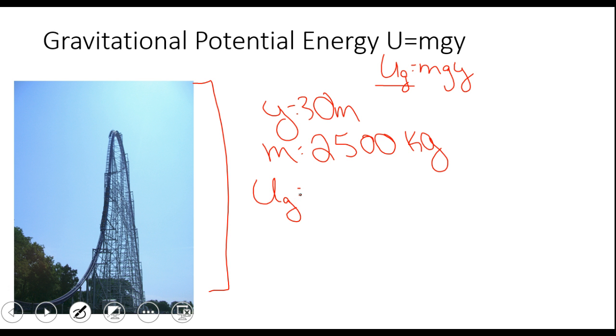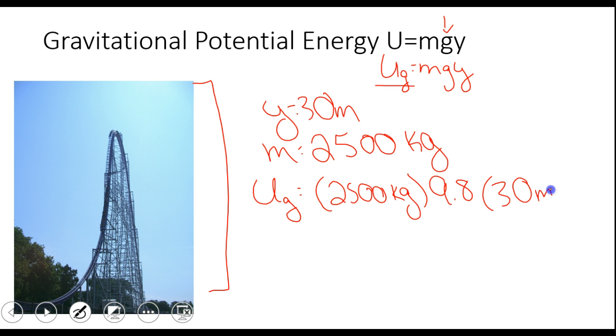When that cart gets to the top of the hill, what is the gravitational potential energy of that cart? And so I will do the mass of the cart, which is 2,500 kilograms, times g, which is 9.8, not negative 9.8. Remember, g is just the absolute value of the gravitational acceleration constant. And then y is 30 meters, the position off of the ground.